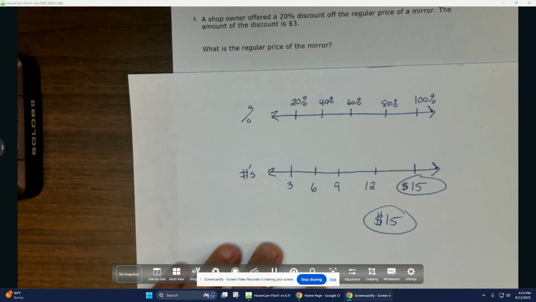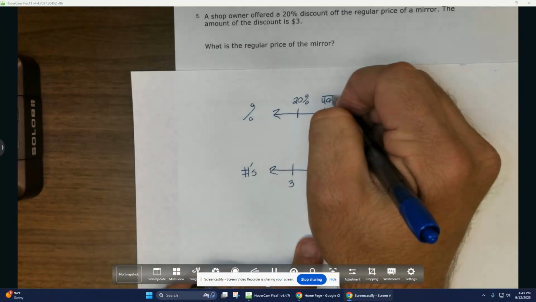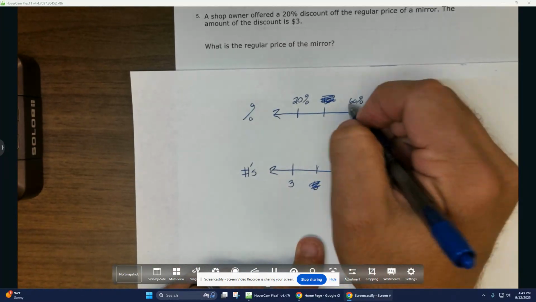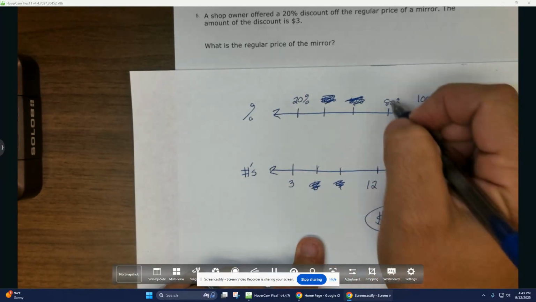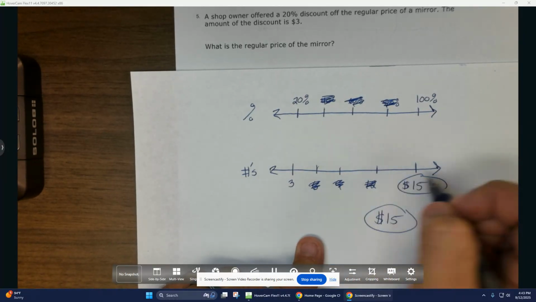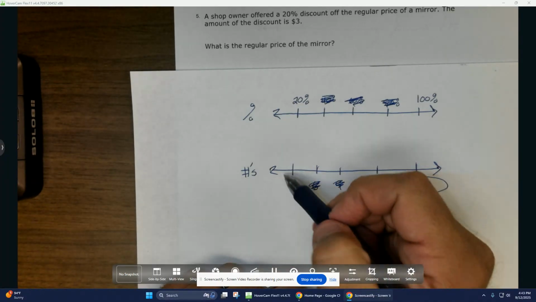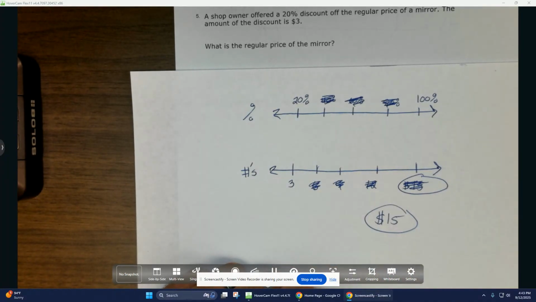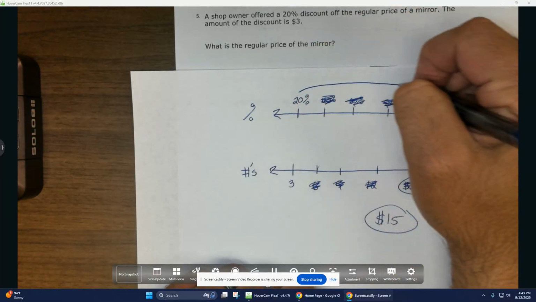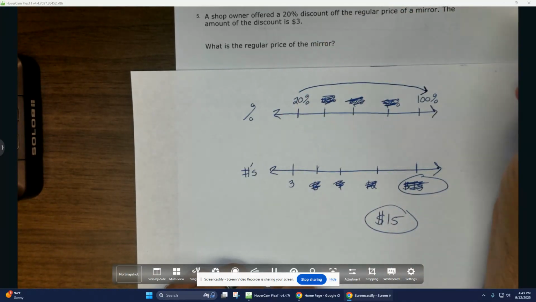The other way you could have done it is, if this was gone, look for a scale factor. 3 cannot go into 20 evenly. But guess what? 20 can go into 100. How many times?